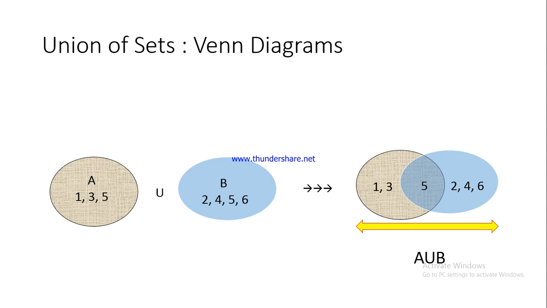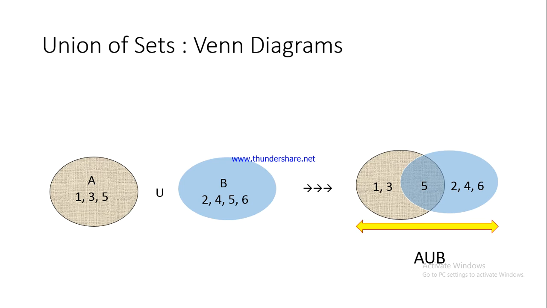Now this portion wherein the first circle and the second circle are overlapping. Look at the figure at the right side of the screen. So the two circles are overlapping, and the portion which is getting overlapped basically has one element which is 5.